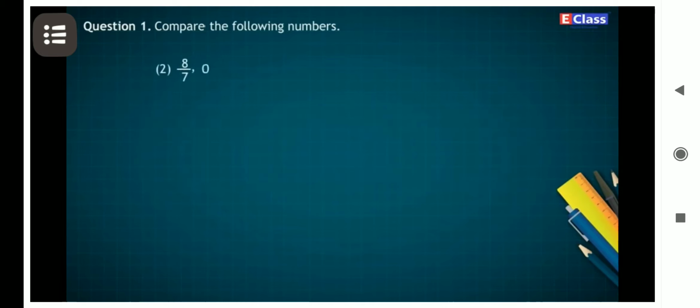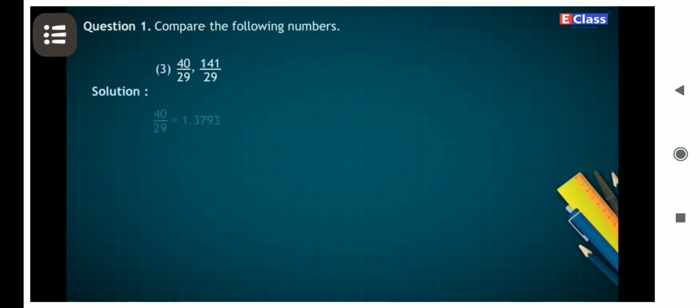2. Compare 8 by 7 and 0. Solution. 8 by 7 is equal to 1.1428, which is greater than 0. 3. Compare 40 by 29 and 141 by 29.